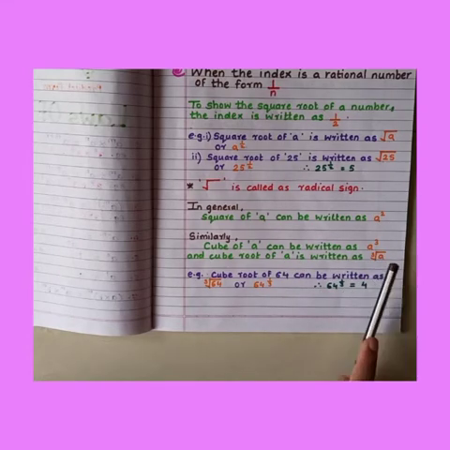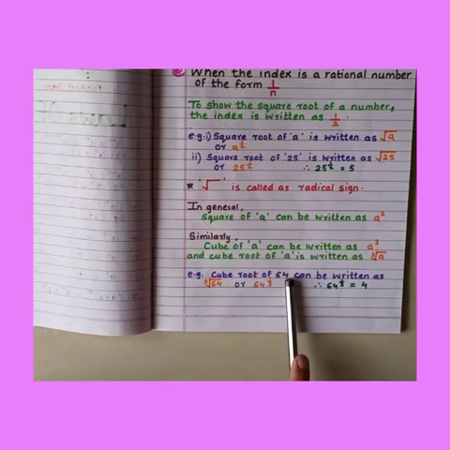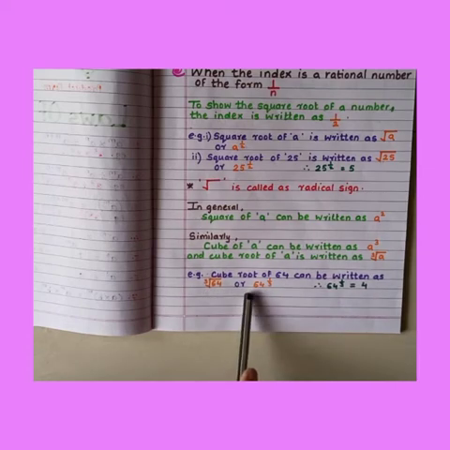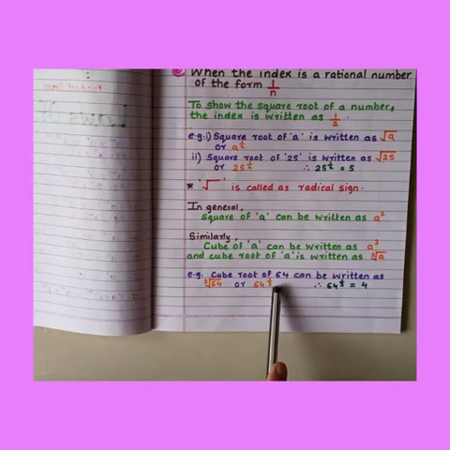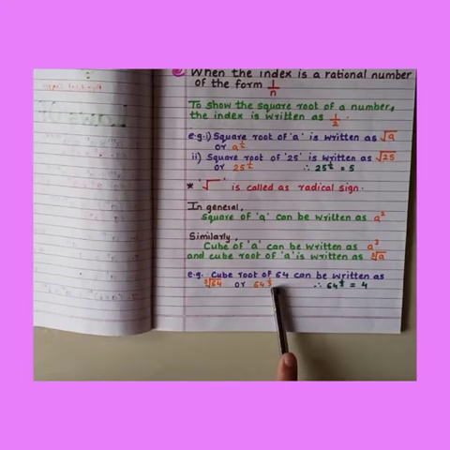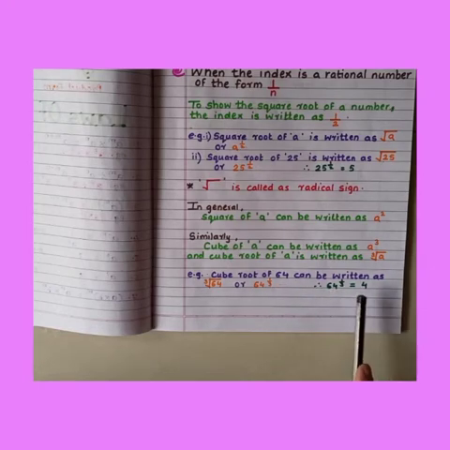Okay students? Example, cube root of 64 can be written in symbolic form as cube root of 64 or with the help of index, 64 raised to 1 upon 3. This is symbolic form and this is the index form. Therefore, cube root of 64 is 4.